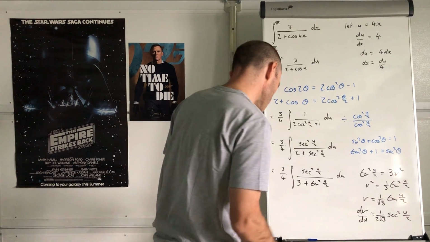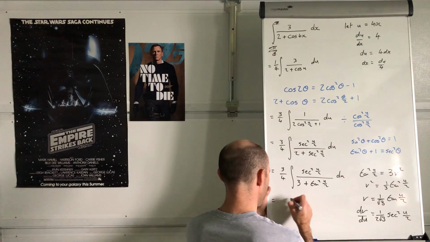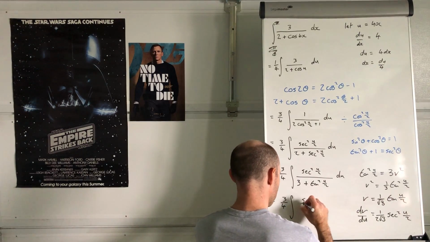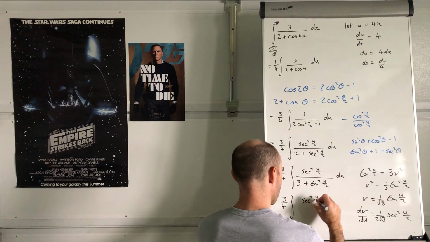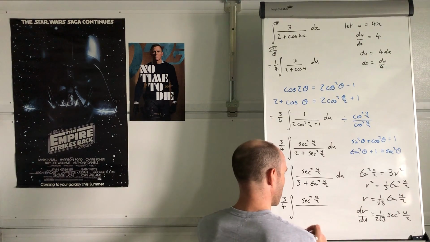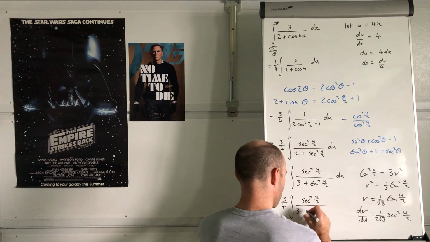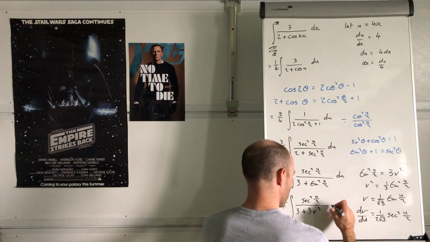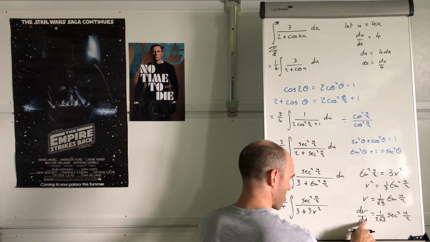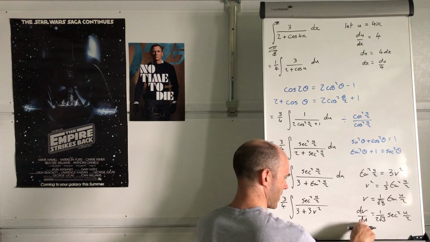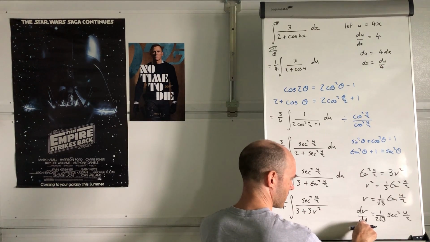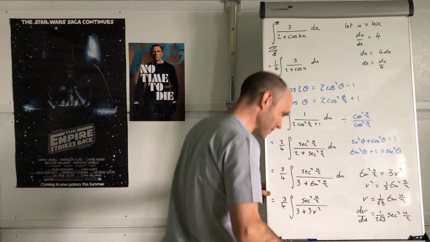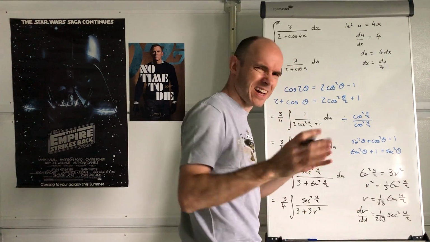So rewriting this, I'm going to have 3 over 4 integral sec squared u over 2 over 3 plus 3v squared, and then the du is going to become, if I just take the reciprocal of that, no, I never do the reciprocal thing.